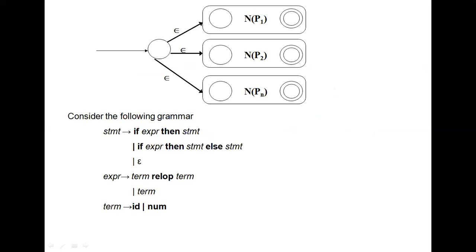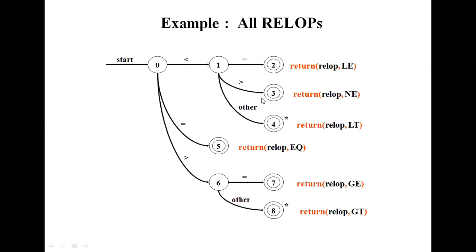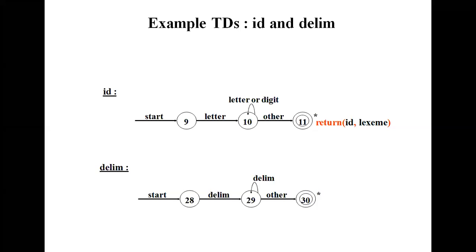Now consider the grammar like this. P1 is nothing but pattern 1, P2 is pattern 2, and so on, pattern n. See, before all the relational operators, this is one type of pattern, consider it as P1. This is another type of pattern.